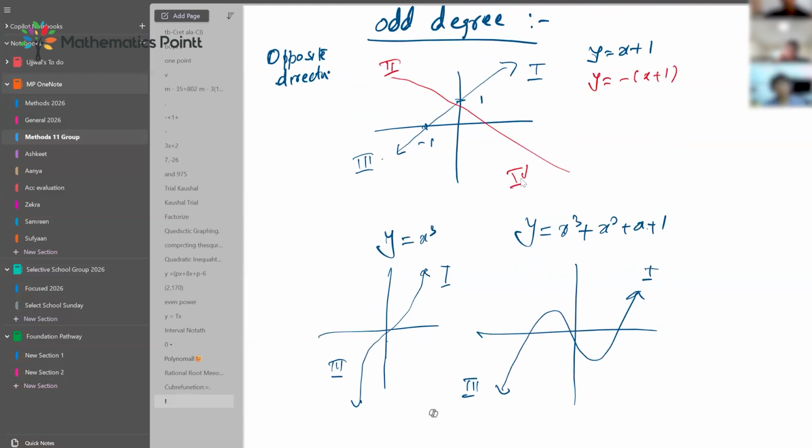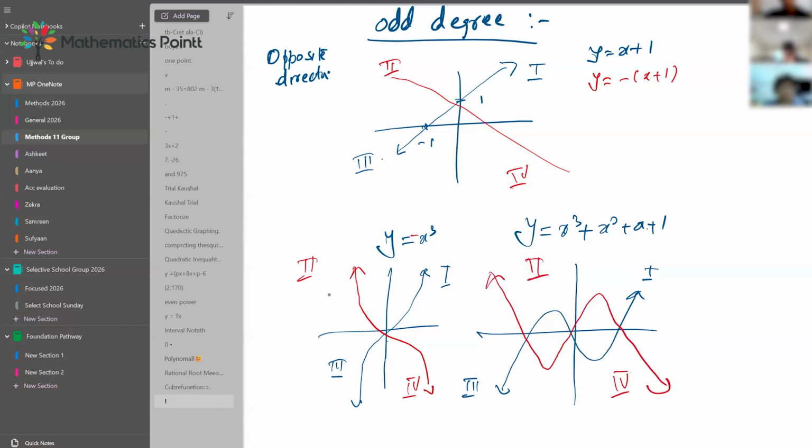Now, when you reflect this, when you place a minus in front, they become a second quadrant, fourth quadrant graph. If I reflect this one, probably that's how it's going to look. Second quadrant, fourth quadrant.